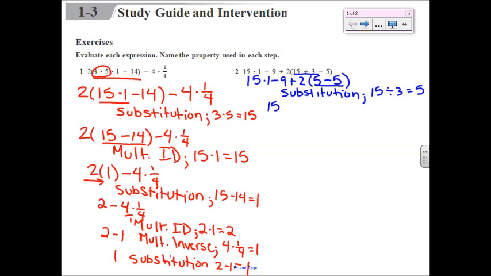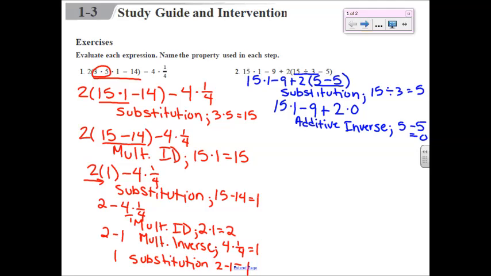So 15 times 1 minus 9 plus 2 times 0, and that's by the additive inverse. 5 minus 5 equals 0.